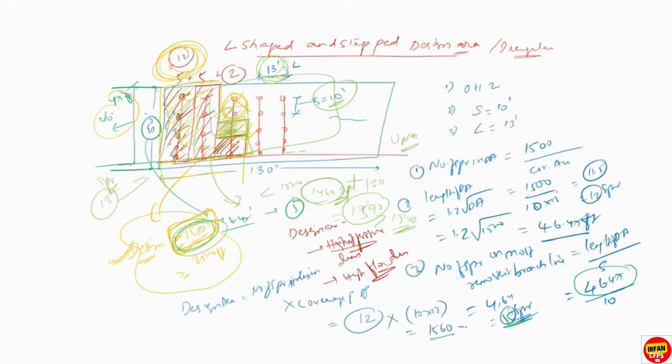If you get 1560 square feet, which is greater than 1500 square feet, then that's fine. But assume you got less than 1500 square feet, then you have to add one more sprinkler. In this way, you need to validate the spacing of the sprinklers. I will explain with the next slide to make it clear.